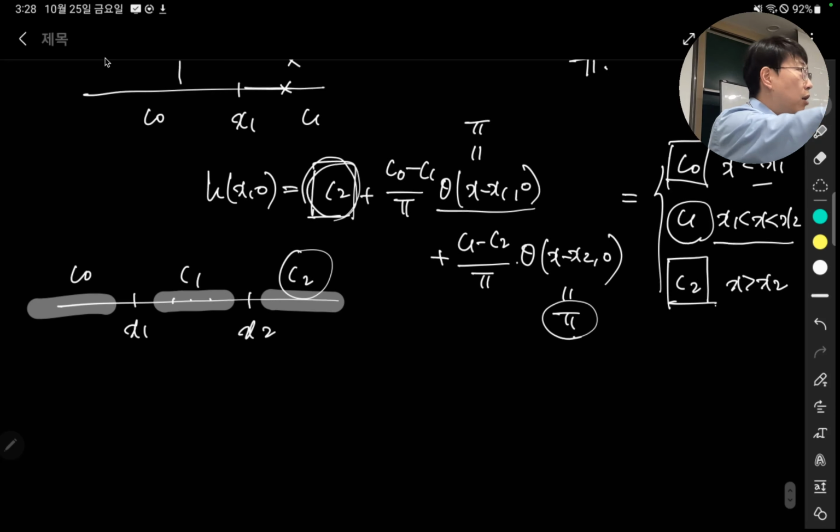So you can see how you can generalize this. However many boundaries you divide it into, you can just add more shifted theta functions so that you get all the boundary values you want.